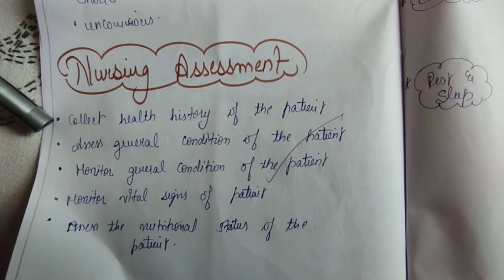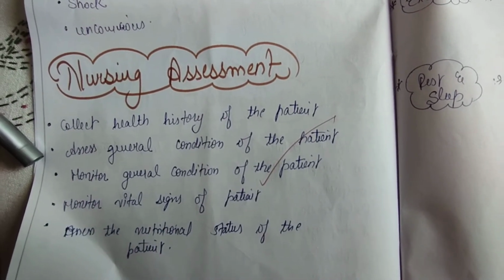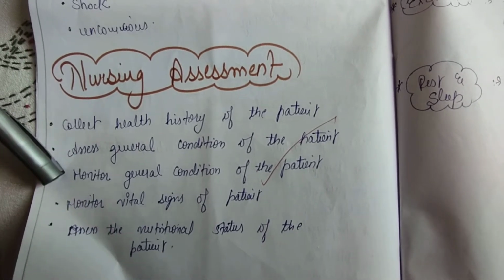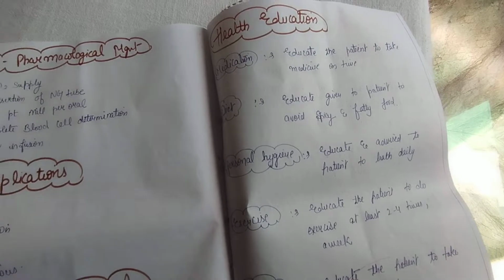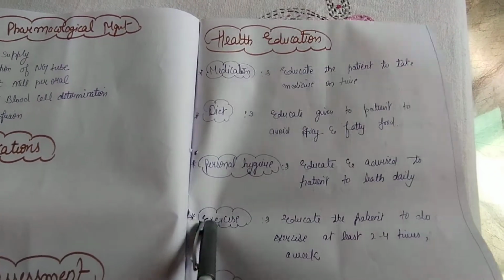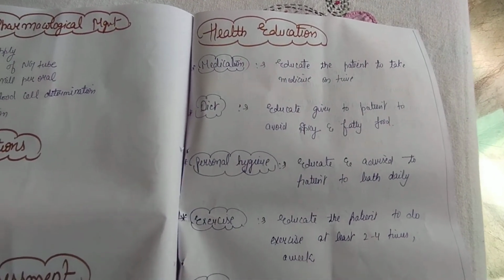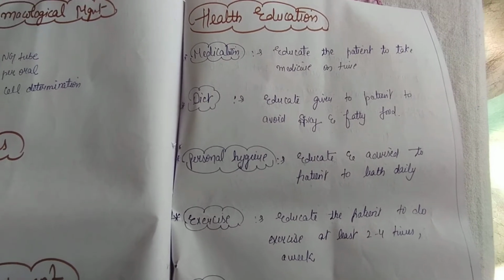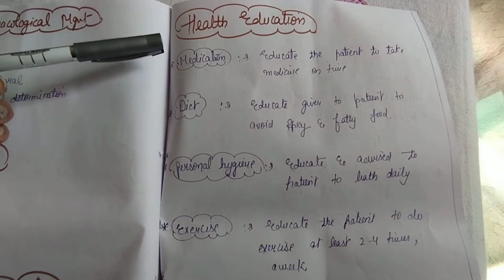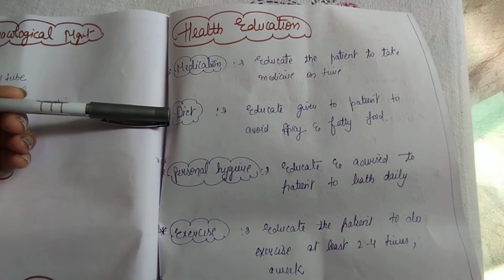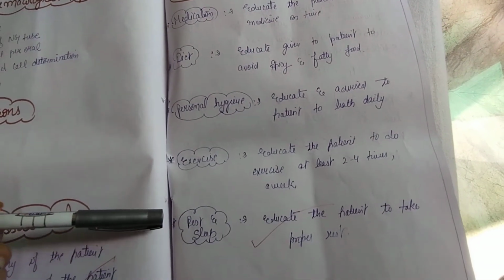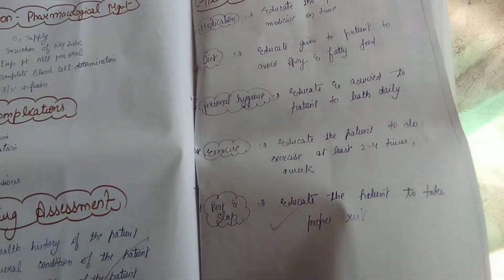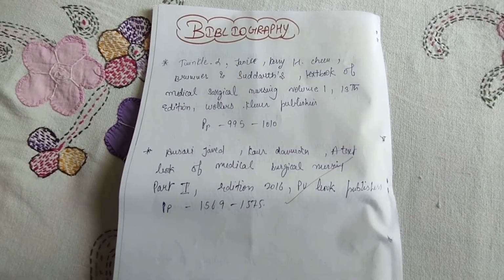First, take the history, assess the general condition of the patient, monitor vital signs and nourishment, and at the end you must write down the health education. We must educate the patient about medication, diet, personal hygiene and exercise, and rest and sleep. After that you can write down the bibliography.